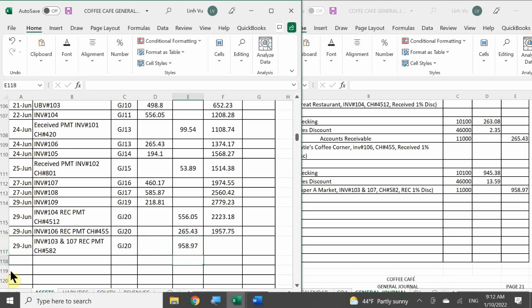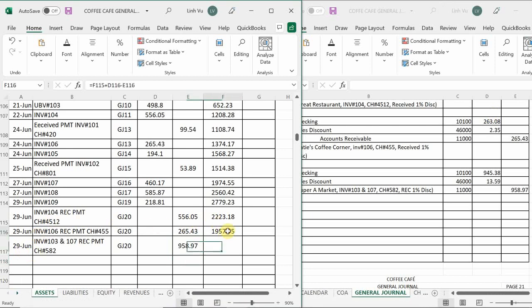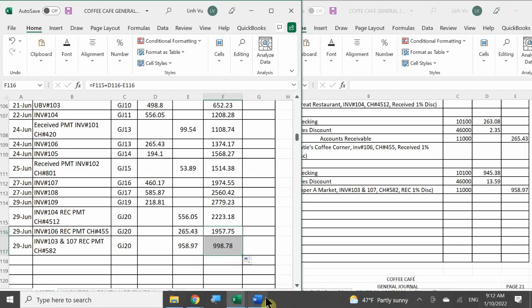So therefore, how much accounts receivable do we still have? $998.78. Good.